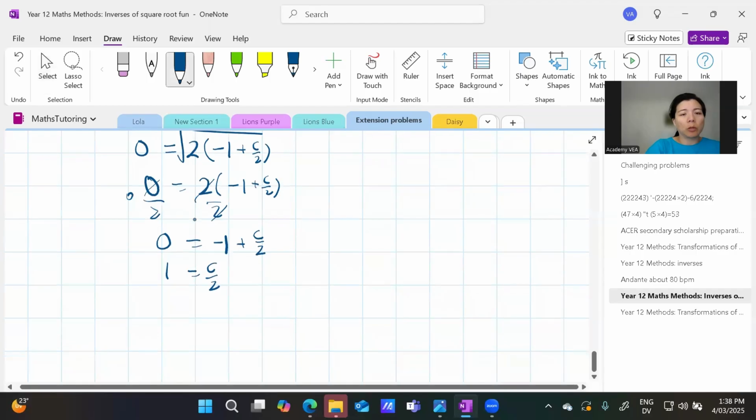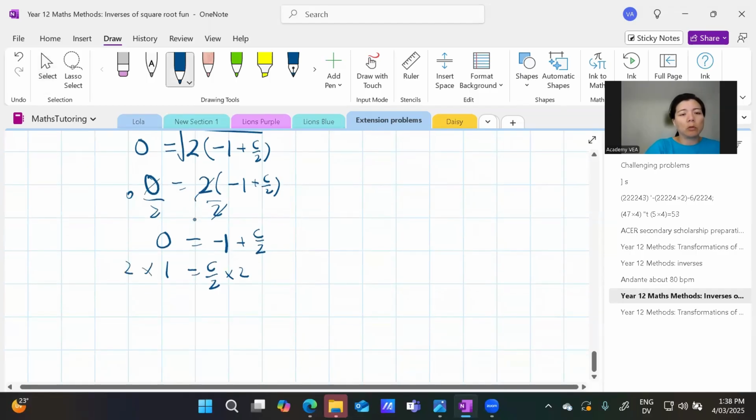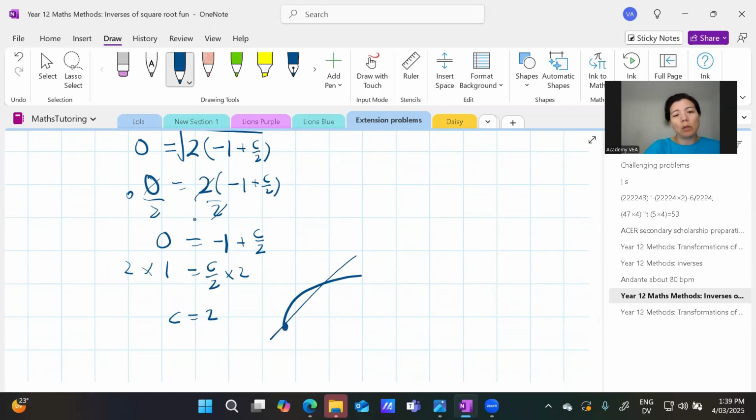And then if you multiply by 2, we get c equals 2. So c equals 2 is the case where there's two real solutions, and it's the borderline. If you move to the left, as in c is bigger, then you're only going to get one solution. It's going to go something like this.